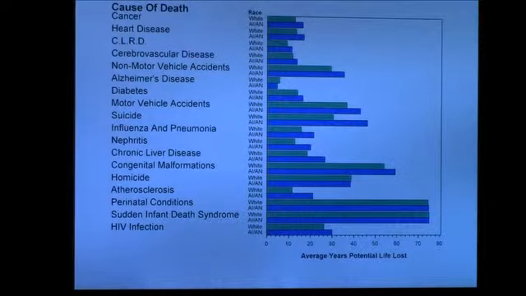I naively thought that I was going to discover the way to increase total longevity in the population, but it doesn't work quite that way.